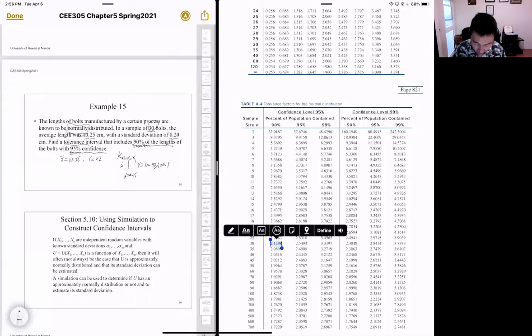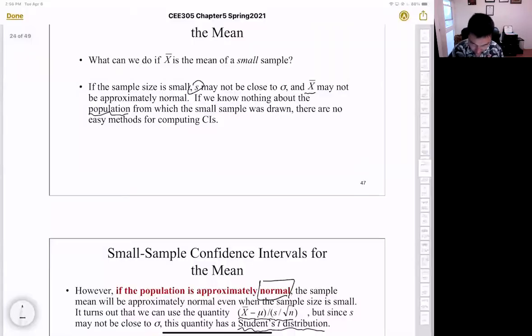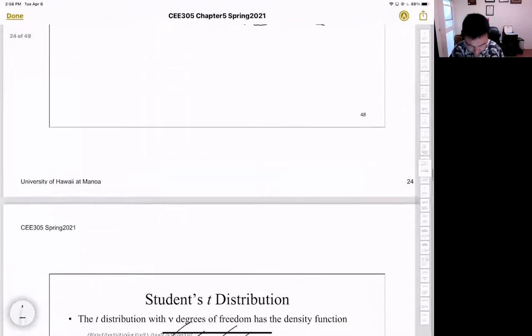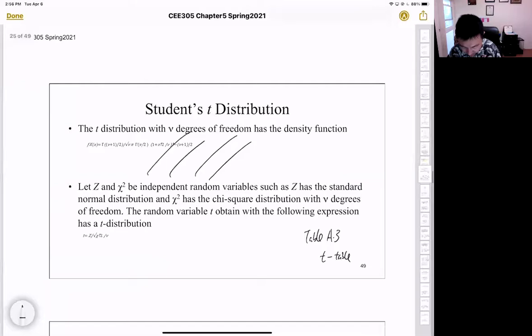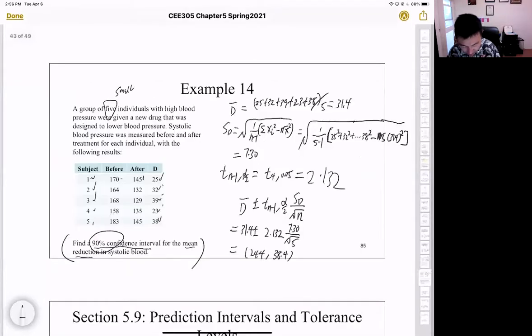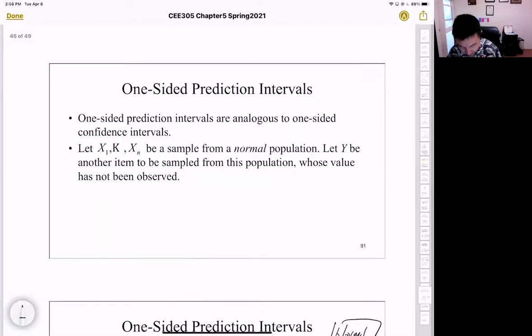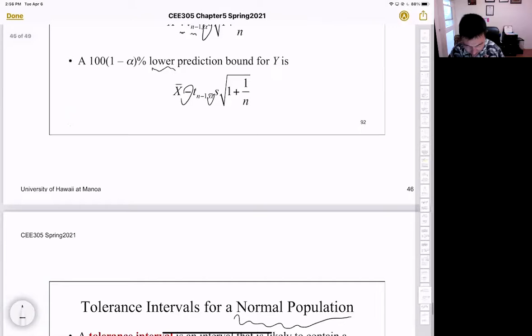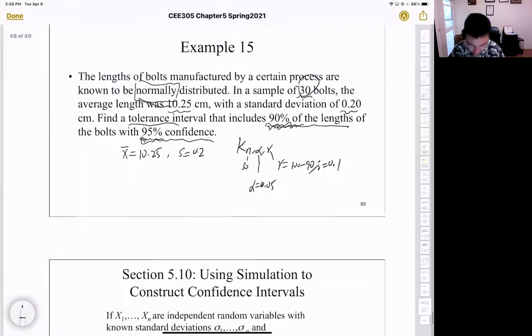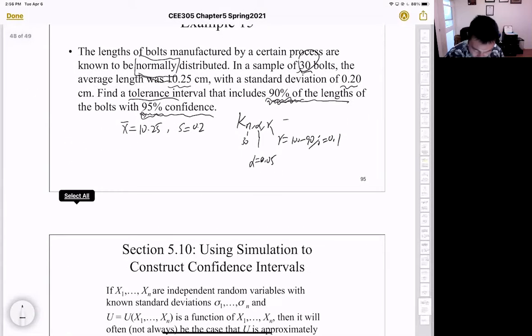So k is 2.1398. All right, so that is 2.1398.